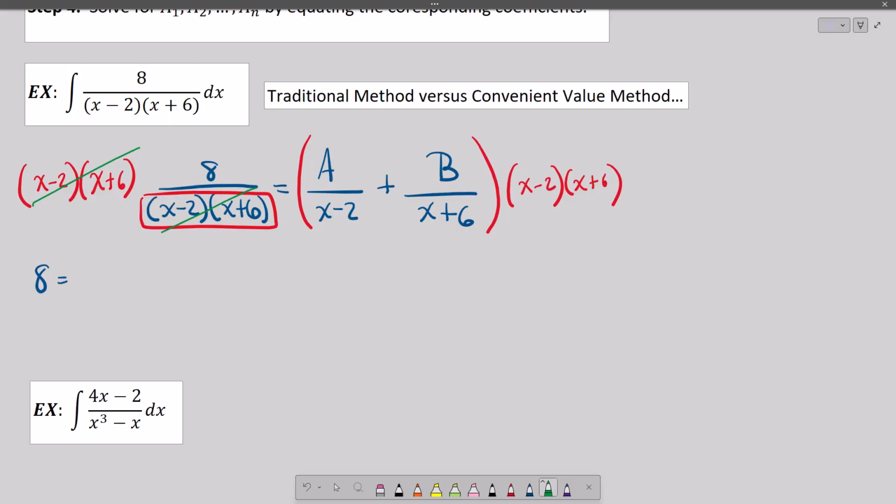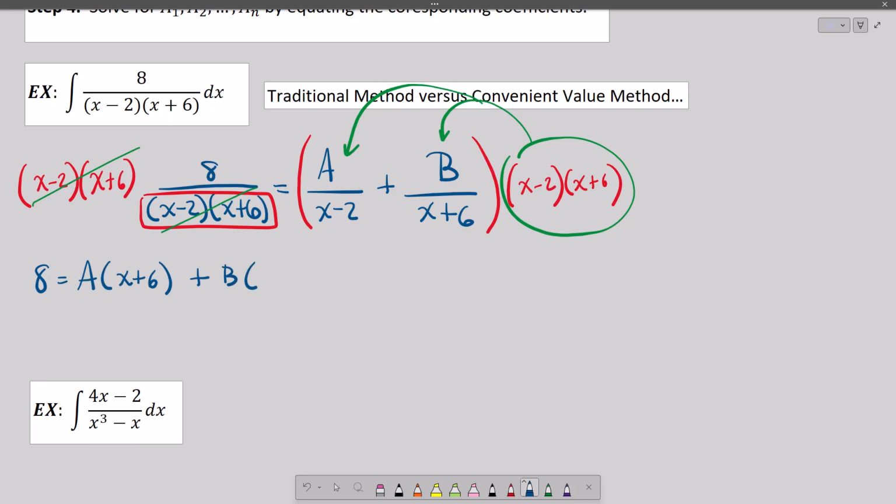On the right side, this quantity needs to be shared. It has to be distributed across. When it distributes to the A, we have a denominator of x minus 2 that cancels with the x minus 2 on top. So we'll be left with A times x plus 6 and B times x minus 2.